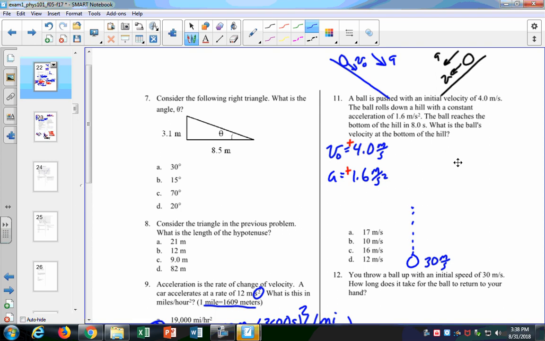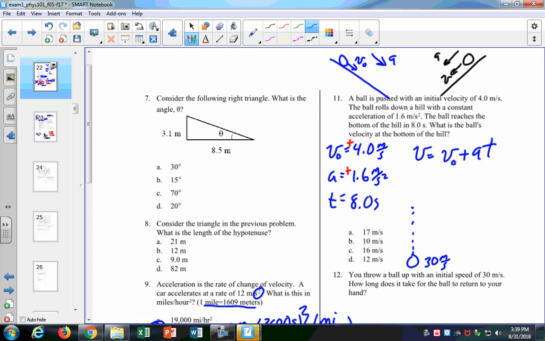The ball reaches the bottom of the hill in 8 seconds, and I want to know what the velocity is at the bottom of the hill. I don't even need to write out all the equations, because I'm so familiar with them from looking at them for a week on a little note card. They just pop into my head. V is equal to V naught plus AT.